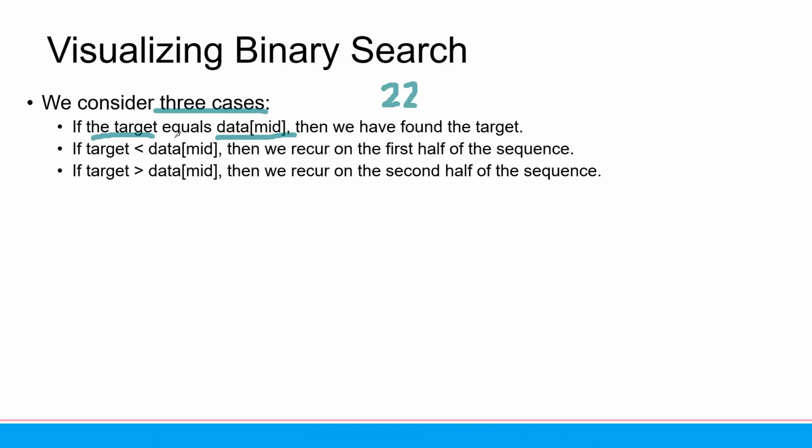If the target equals the data in the middle, then we found the target. If the target is less than the data in the middle, then we recur on the first half of the sequence. If the target is greater than the data in the middle, then we recur on the second half of the sequence.